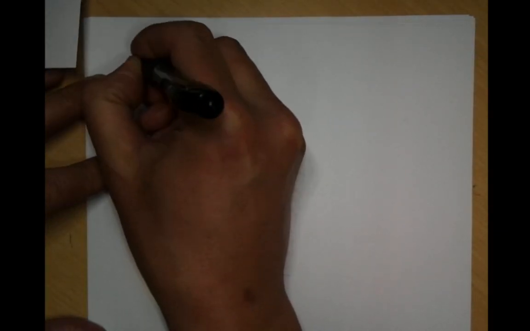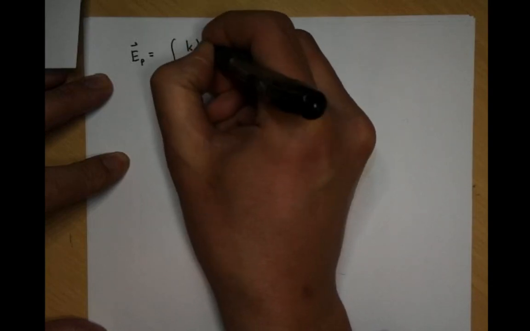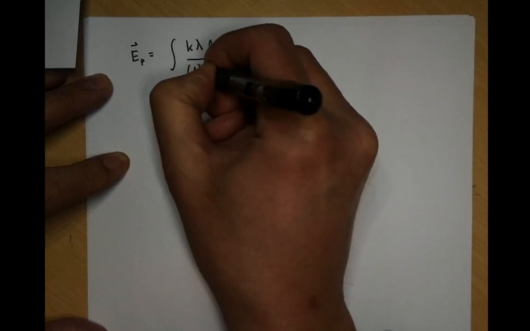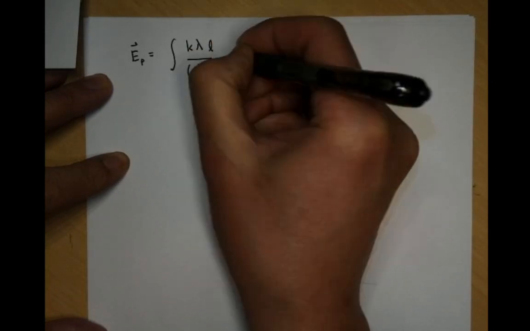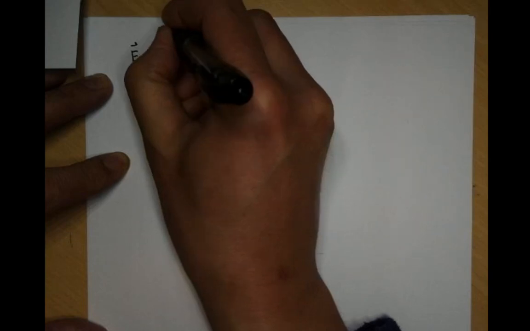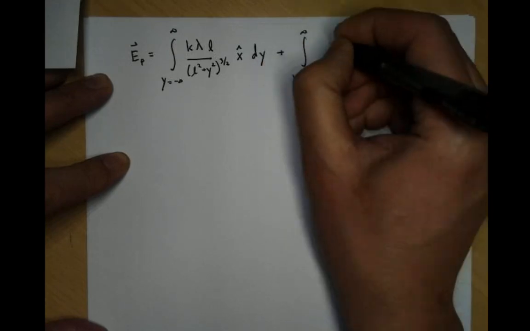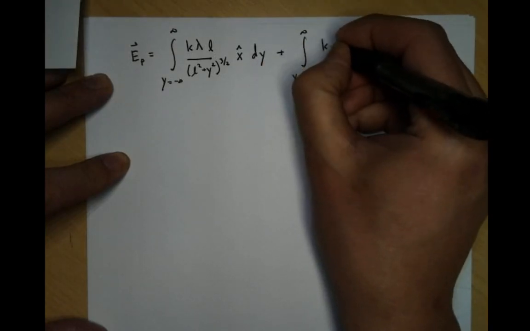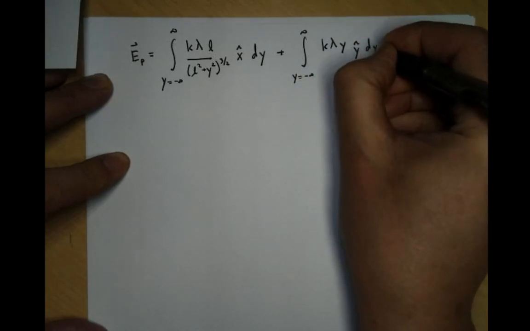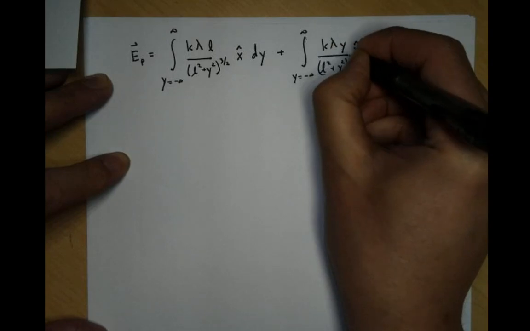E of p, I'm going to break it into two integrals. So k lambda L over (L squared plus y squared) to the 3/2 power x hat dy, y equals minus infinity to infinity, plus now the integral y equals minus infinity to infinity of the second term, k lambda y y hat dy divided by (L squared plus y squared) again to the 3/2 power.